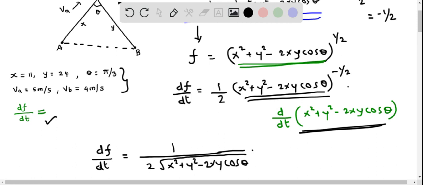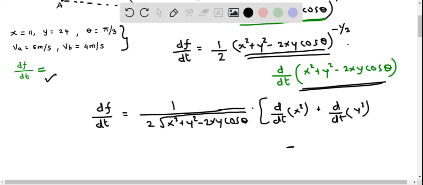We are going to find the derivative with respect to time. So let's find the derivative of each of the terms inside the bracket with respect to time. So we can put this as d by dt of x squared plus d by dt of y squared minus d by dt of 2xy cos theta.